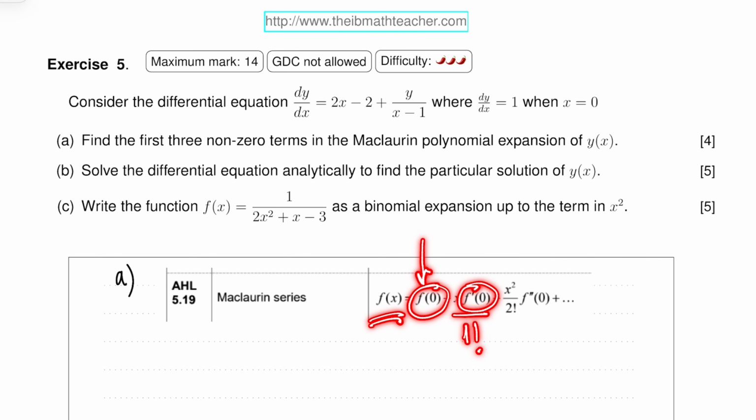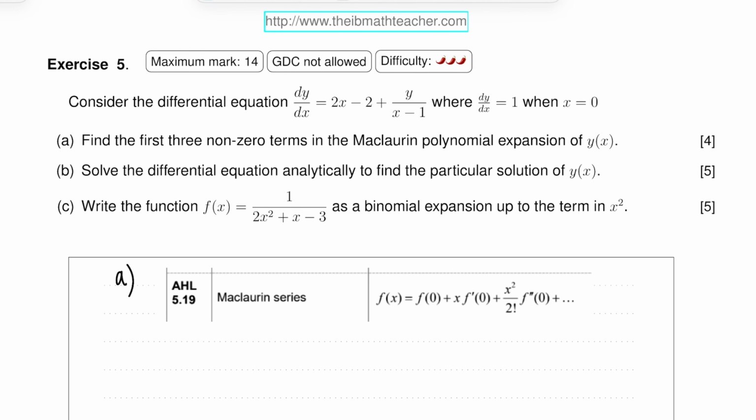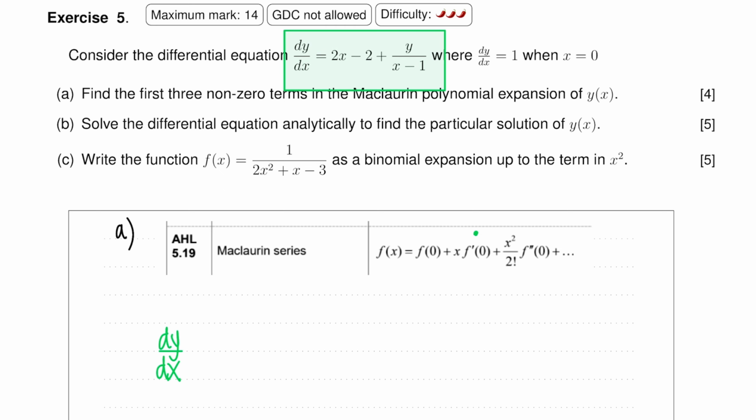And here lies part of the problem, because we are able to find, through this differential equation, f prime of 0, given that f prime of 0 is nothing but dy/dx when x is equal to 0, and this is a condition that was already given by the exercise. This is just 1. However, we need to calculate the second order derivative and also find f of 0.